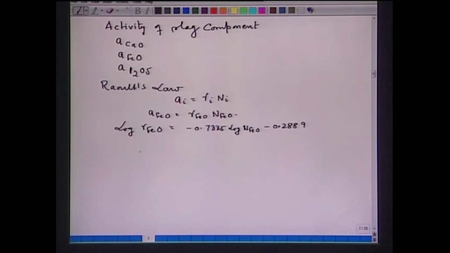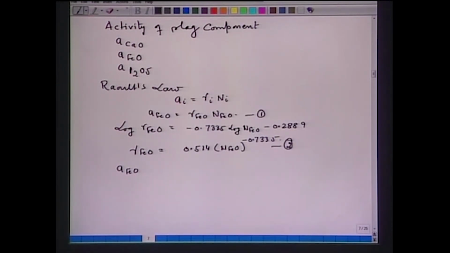If I write for example gamma FeO, that will be equal to 0.514 NFeO to the power minus 0.7335. This is my equation number 1, and this is my equation number 2.